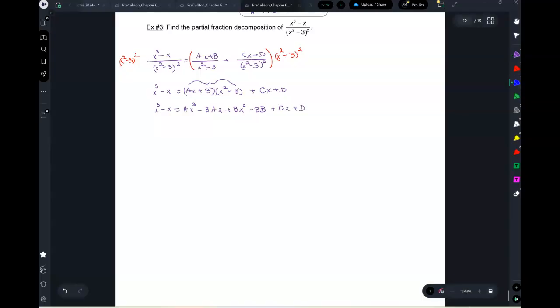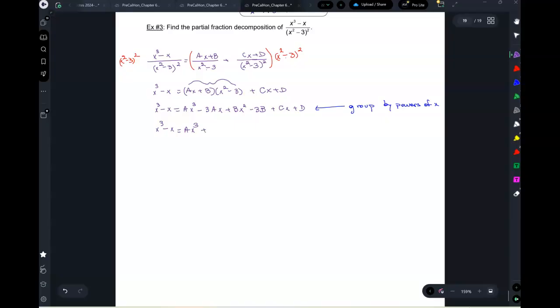Okay, now we're going to group by powers of x. x cubed minus x is equal to, okay, so let's look. I have an x cubed, it's alone. Do I have any x squares?